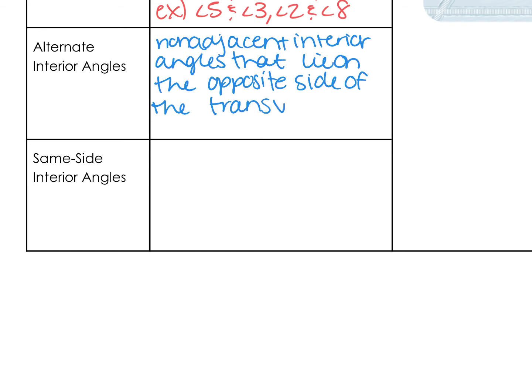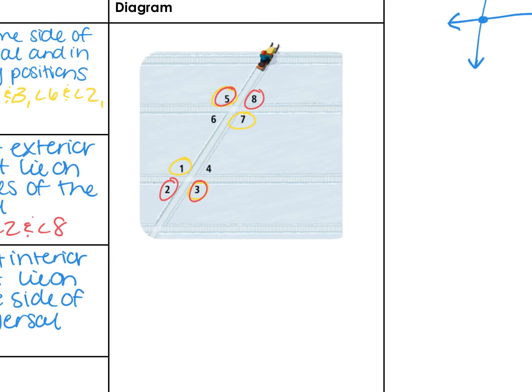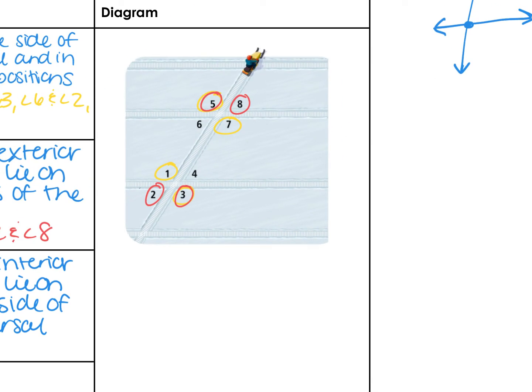But now we're on the inside. If we look here, alternate interior angles would be like 6 and 4 or 1 and 7. They're on the inside and opposite sides of the transversal. 6 and 4 and then 1 and 7.